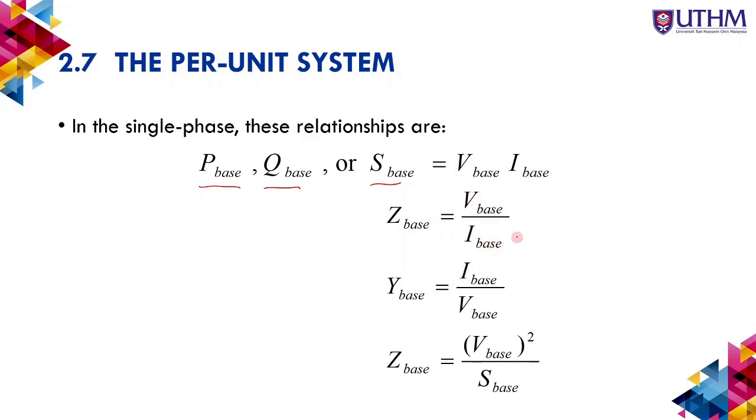So ini semua macam Ohm's law biasa, V equal to IR. Power equal to VI. And then ada satu lagi adalah calculate dia from power. Dia punya equation macam ni.